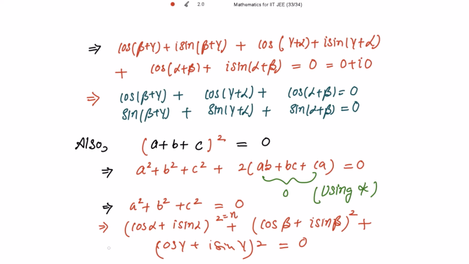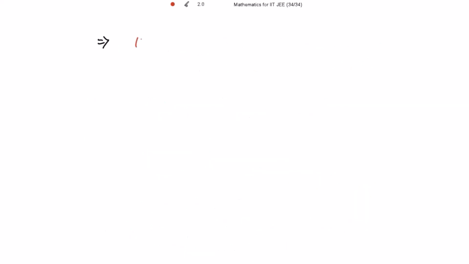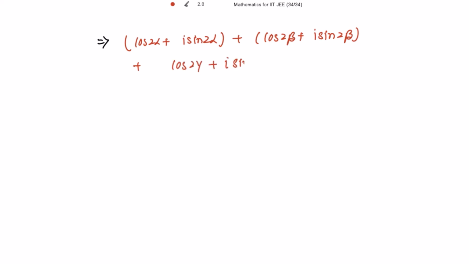So first term becomes cos 2 alpha plus iota sine 2 alpha. So this implies cos 2 alpha plus iota sine 2 alpha, then cos 2 beta plus iota sine 2 beta plus cos 2 gamma plus iota sine 2 gamma. This complete sum is equal to 0 using de Moivre's theorem.